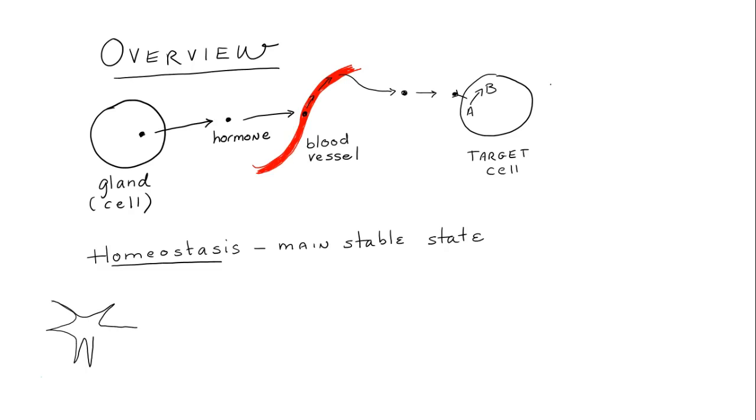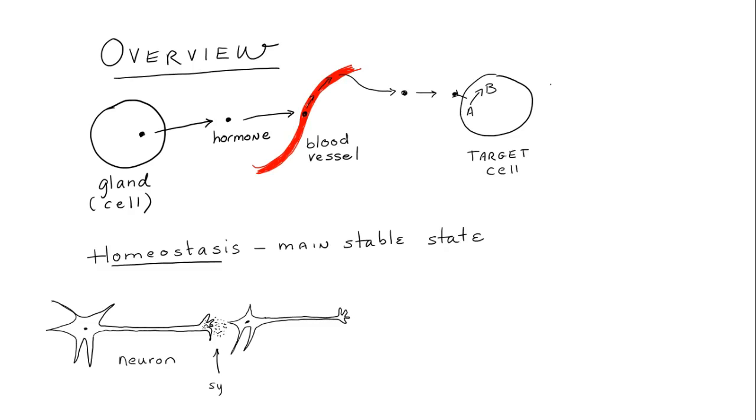The other organ system that is responsible for this is the nervous system. So here I'm drawing a neuron. And the thing about a neuron is that a neuron also secretes a chemical messenger. Now, a hormone is a type of chemical messenger, but in the case of neurons, the chemical messenger is a neurotransmitter. And neurotransmitters only go between two cells.